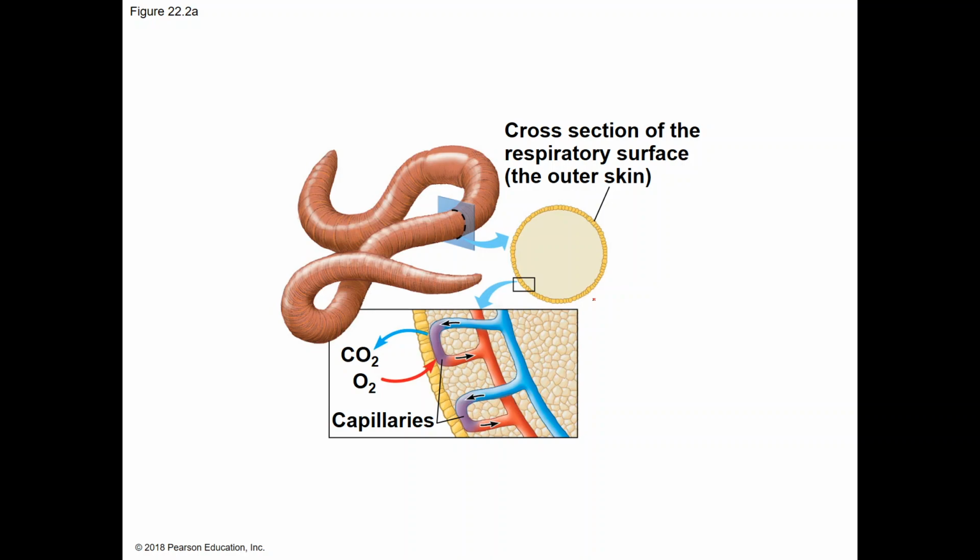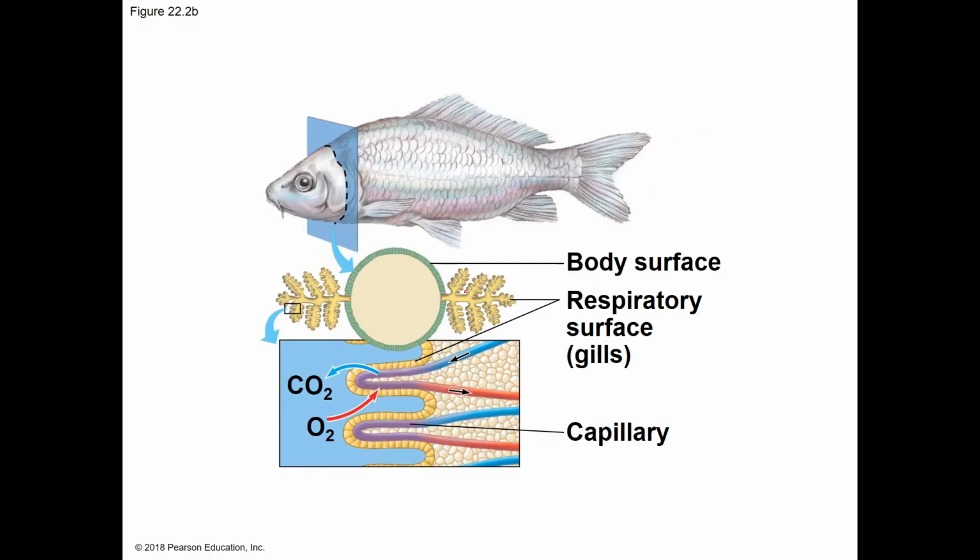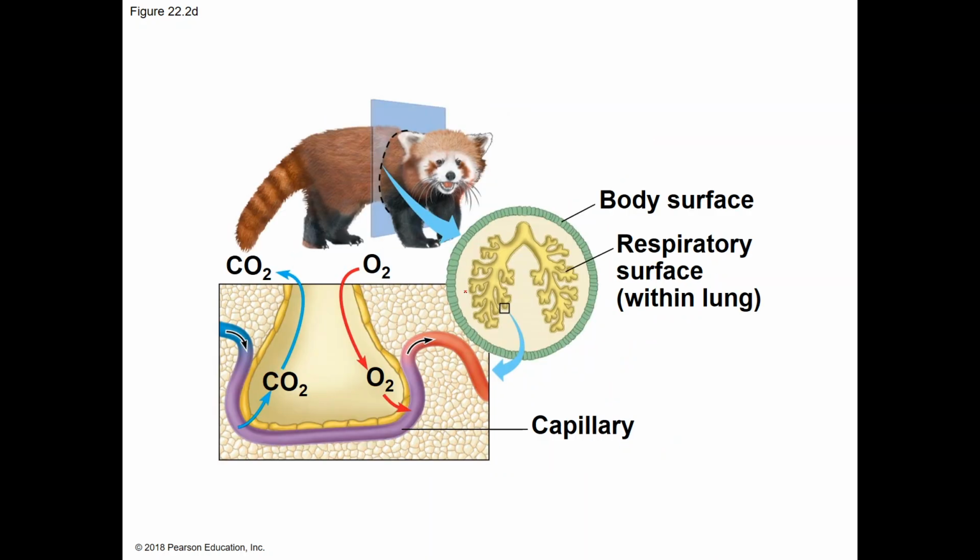So in order for gas exchange to be efficient, respiratory surfaces must be thin and moist so that oxygen and carbon dioxide can diffuse across the surface. In some animals, like this worm, that means the entire skin is the gas exchange organ, but most organisms have some kind of gills or tracheal systems, like in mammals.